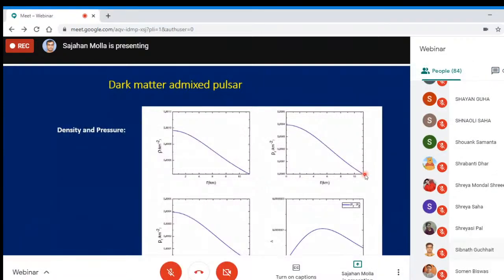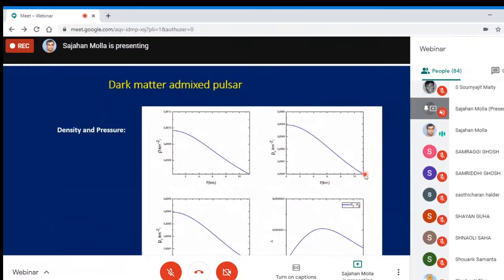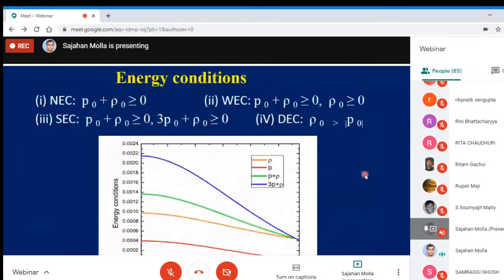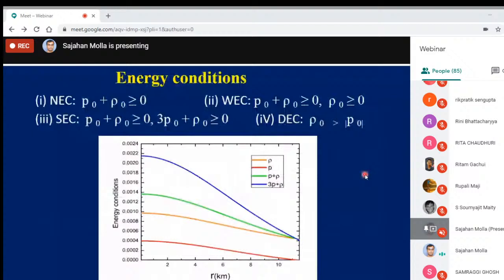In this study we check whether ordinary matter and dark matter exist, yes or no. In this case, we have all the conditions showing that real matter exists inside the pulsar. Here we check the null energy condition, weak energy condition, strong energy condition, and dominant energy condition.